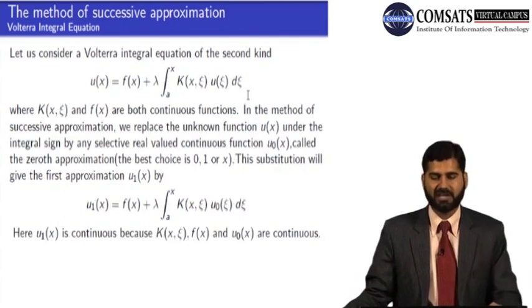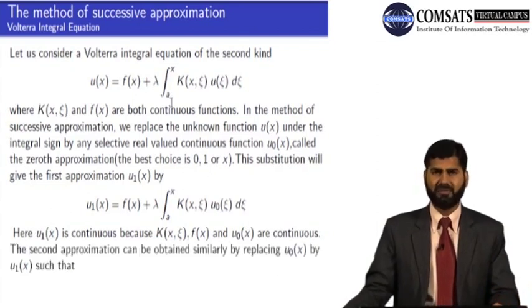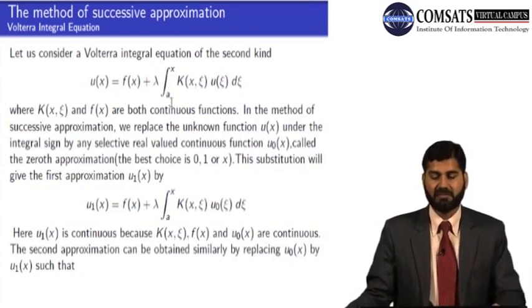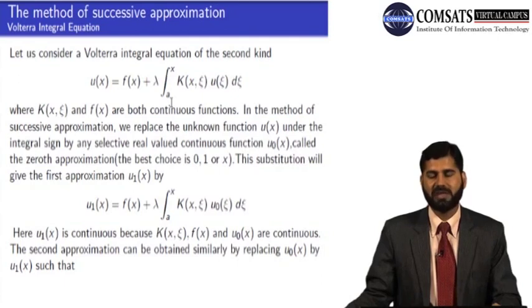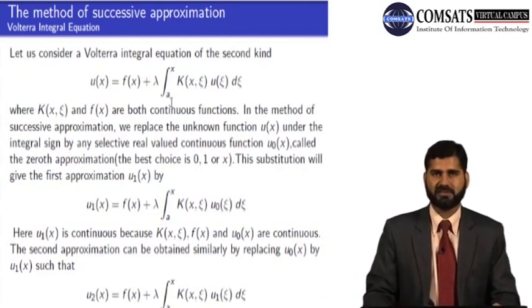Here u1(x) is continuous because K, f and u0 all are continuous. If this is a continuous function, then we will find the second approximation by replacing u0 by u1. So what you got as u1, you replace u0 by u1 now and solve the right hand side, get u2(x). You see, u2(x) is coming from u1(x). All right.